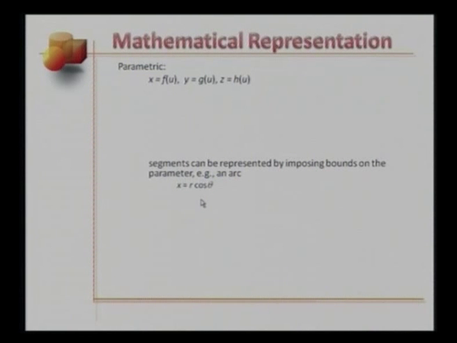Parametrically, a circle is represented as x equals r cosine theta, y equals r sine theta, and if we impose bounds on the angle theta, theta 1 being the lower bound, theta 2 being the upper bound, we would be able to represent a segment of a circle, or an arc. This is not very much possible using either the explicit or implicit forms.